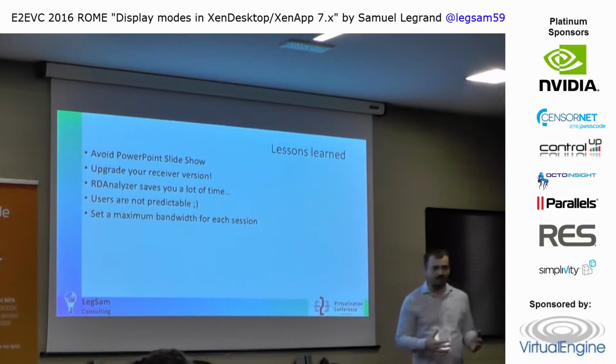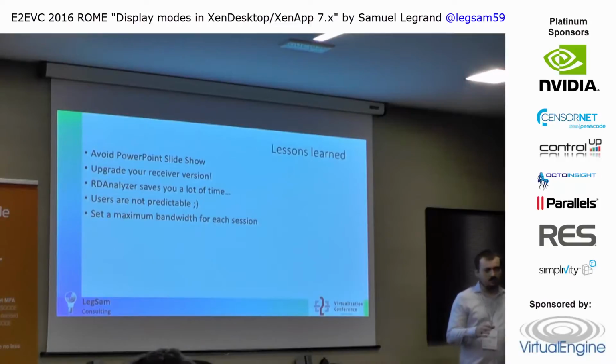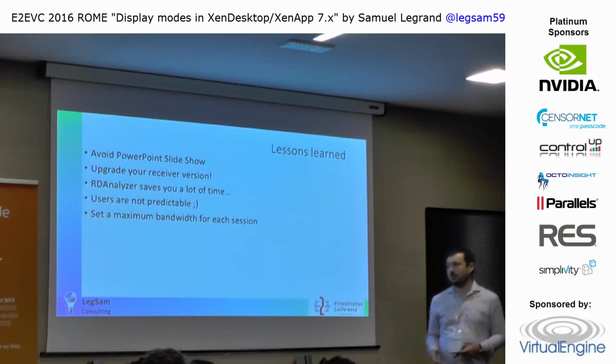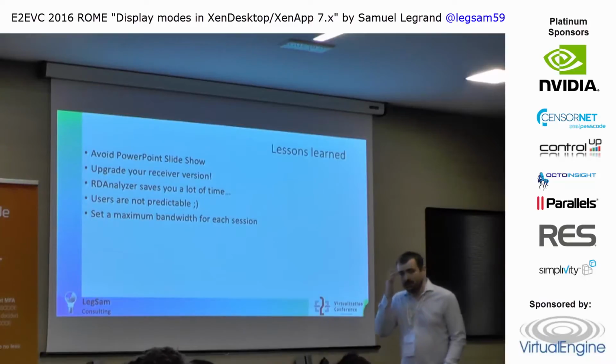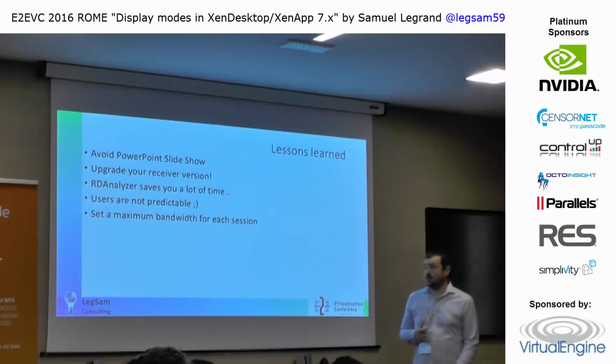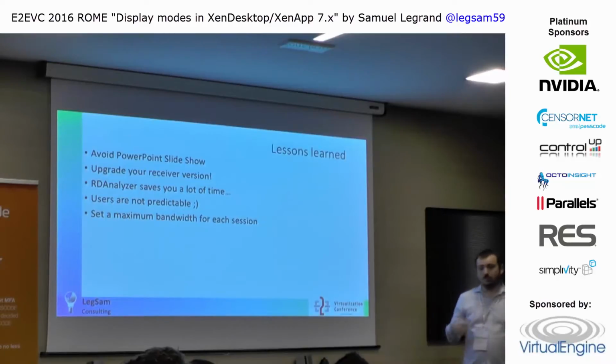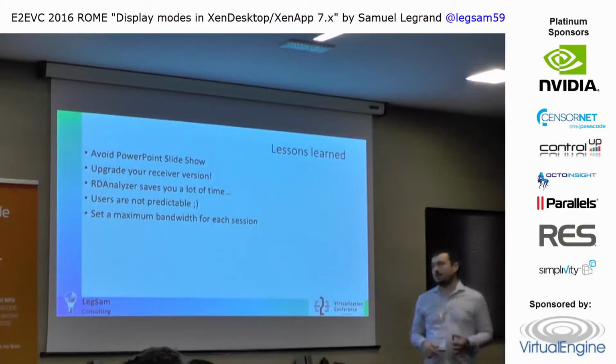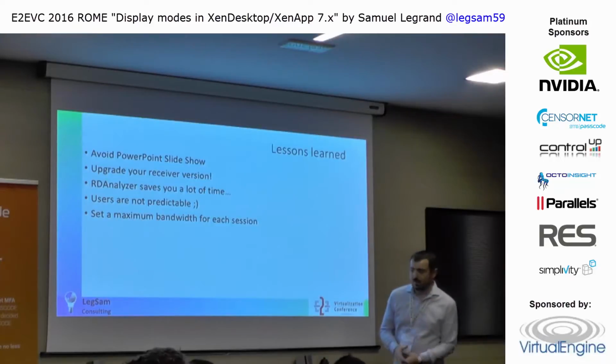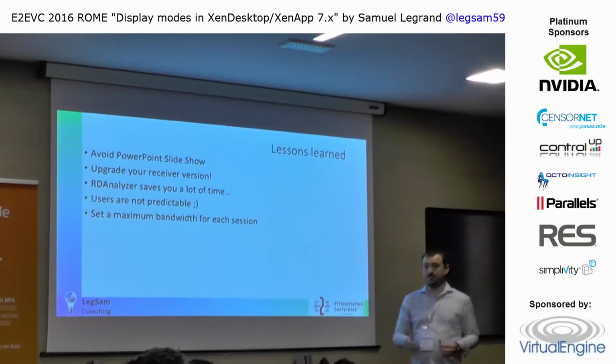Every time we figured out a specific problem on a specific endpoint, it was because of the receiver version. You have to be updated at least at 4.4, 4.5 if you plan to use selective HDX H.264, which comes from 7.11, so you have to upgrade your receiver first.